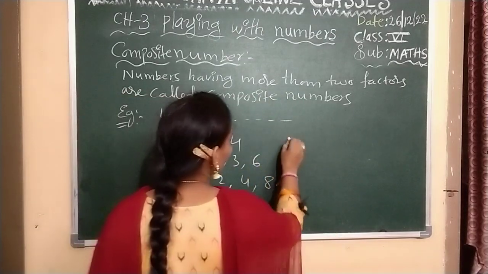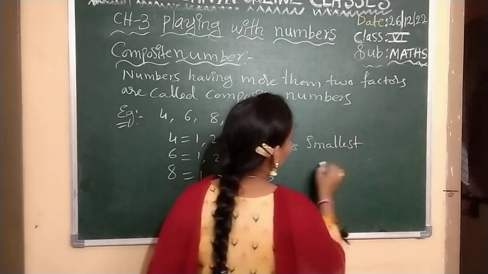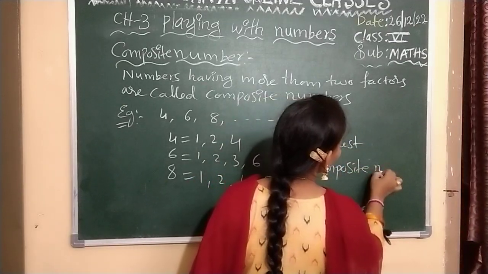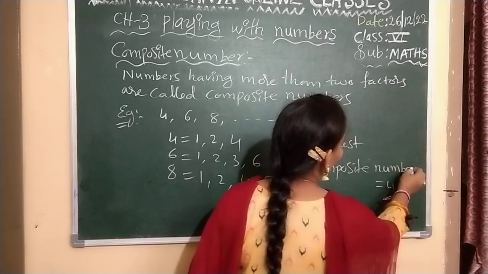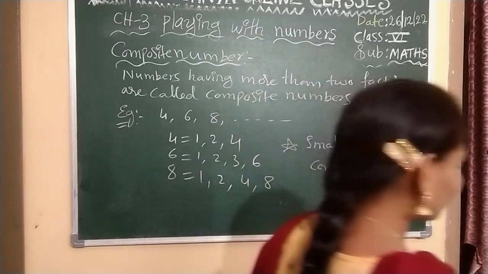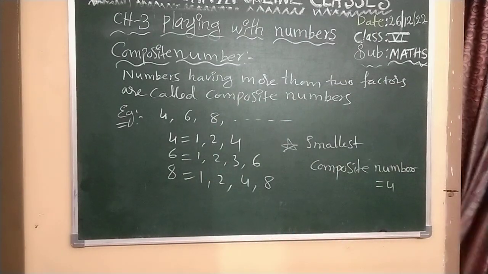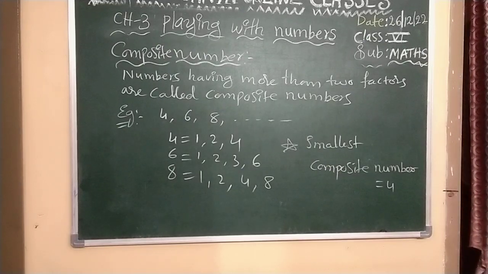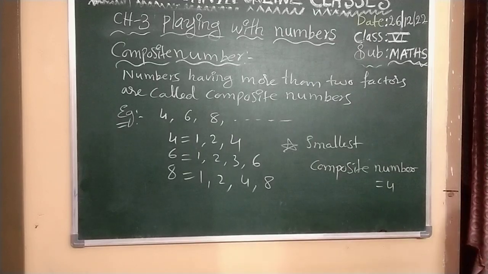The smallest composite number, very important, is 4.